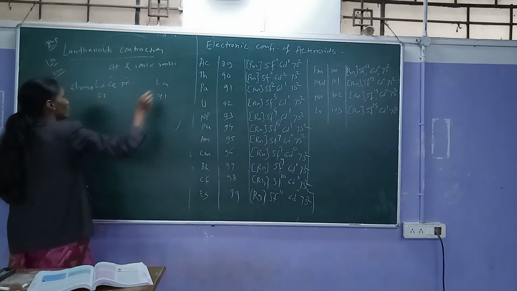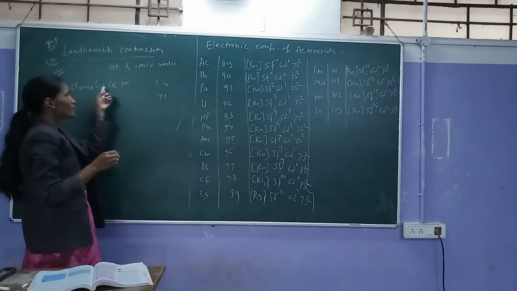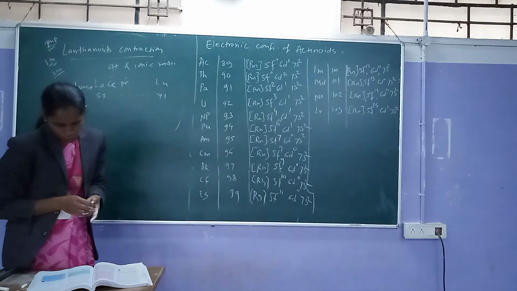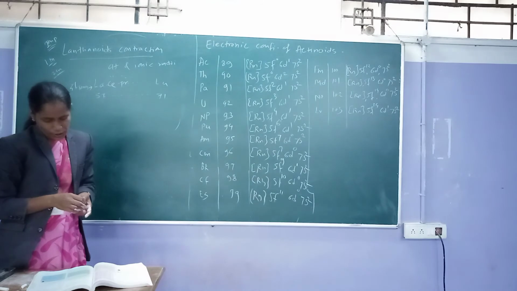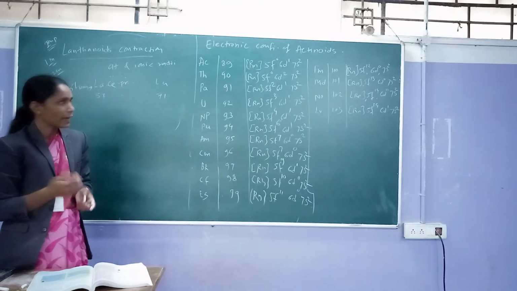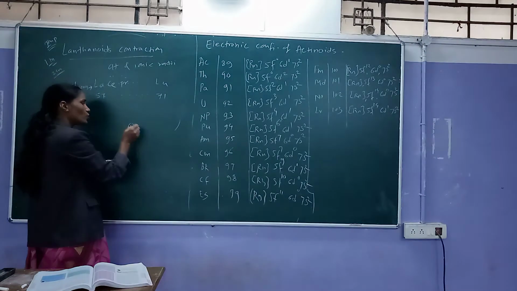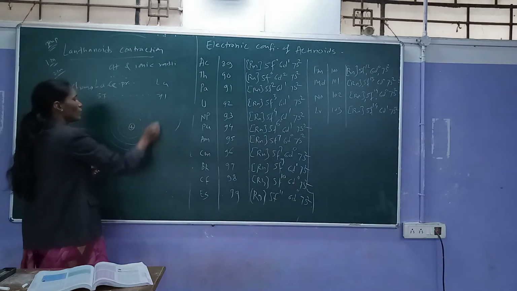Along the series, the charge of the nucleus increases by 1 unit per element. Therefore, as the charge increases, one electron is added to the outermost shell, and the +1 charge contracts the electrons. This continues from lanthanum to lutetium. Therefore, the contraction takes place.